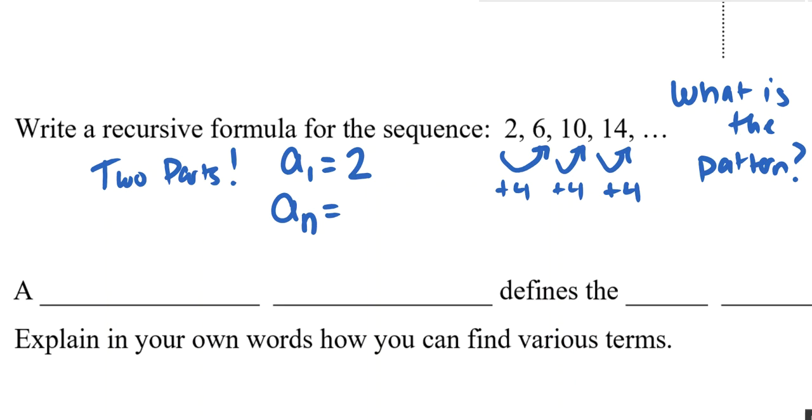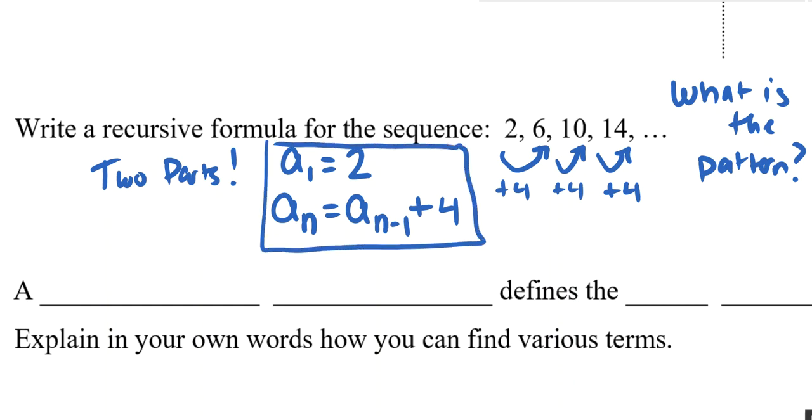So to find any term, we're going to take the previous and we're going to add 4 to it. So how do we write that? Remember, the expression for the previous term was a sub n minus 1. That means the previous term. So we're going to take that previous term and we're simply going to add 4 to it. And that would be the recursive formula for this sequence.